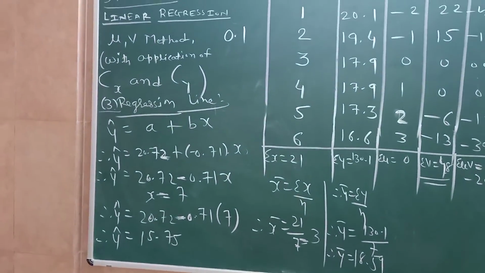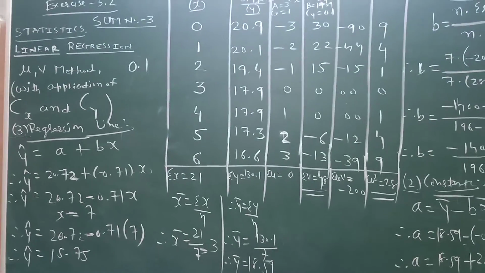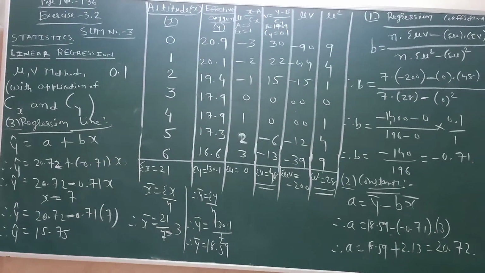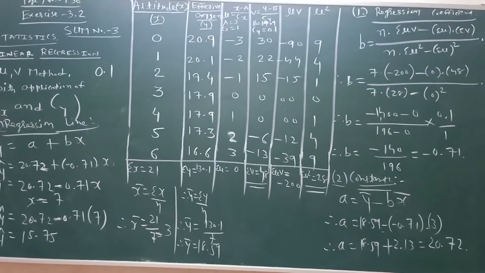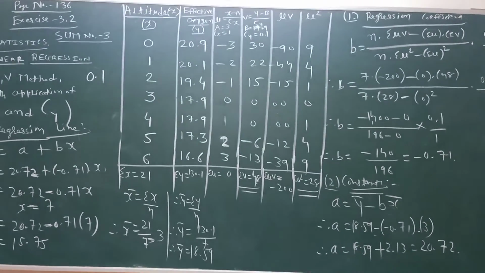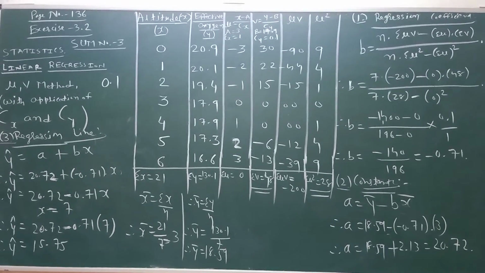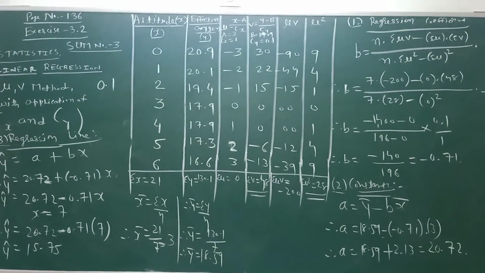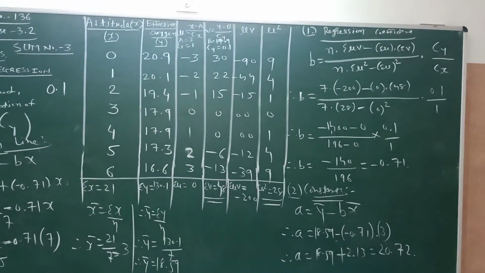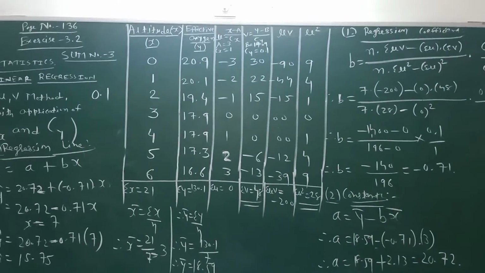At last we write the sentence that when the altitude is 7, then the percentage of actual oxygen is 15.75%.